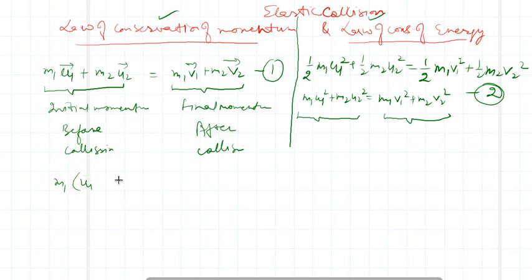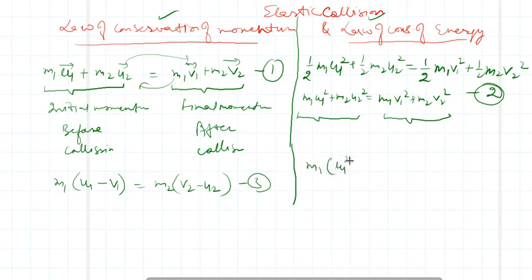Both are acting along the same direction, so I can simply write m1 (u1 minus v1) must be equal to m2 (v2 minus u2), bringing this to that side and that to this side. Let me call this equation number 3. And here I can write m1 (u1 square minus v1 square) is equal to m2 (v2 square minus u2 square), and let us call this equation number 4.